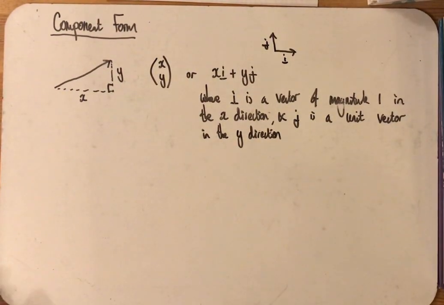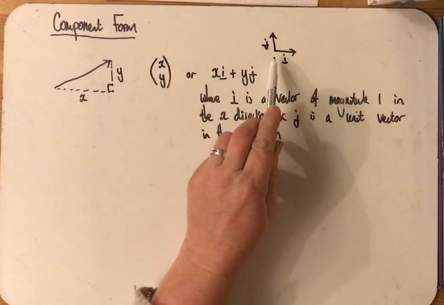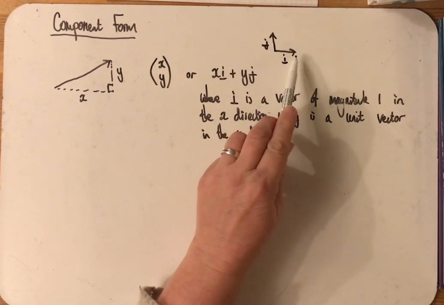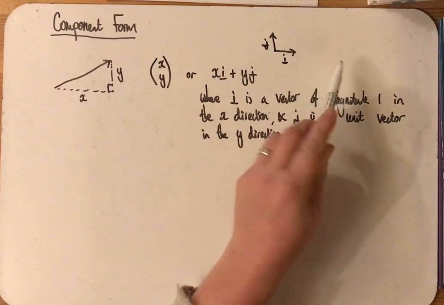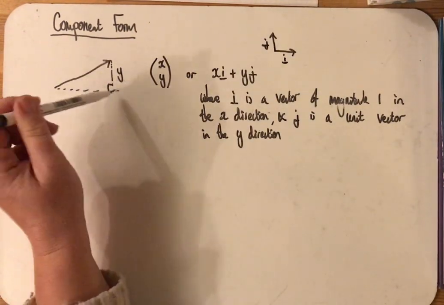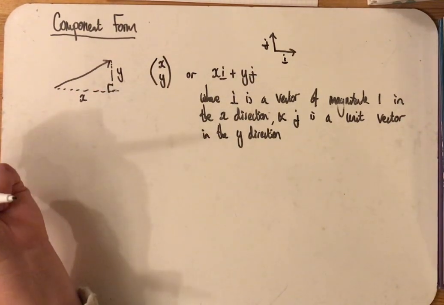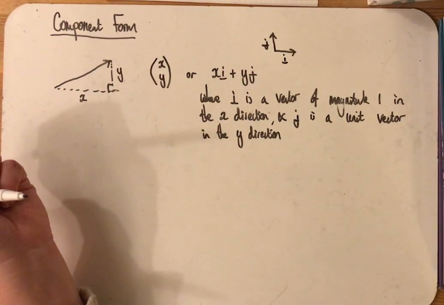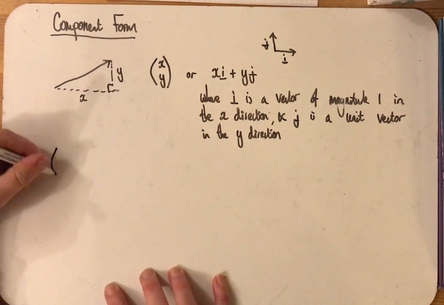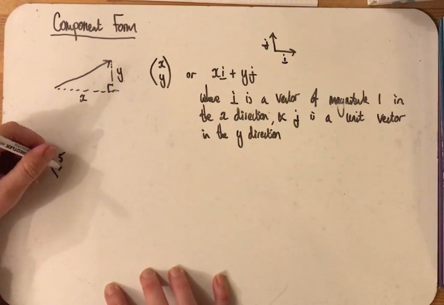If you go x lots of i, y lots of j, that would be equivalent to doing this here. So it's just different ways of writing a vector. I tend to use column vectors more, but you should be able to use both.